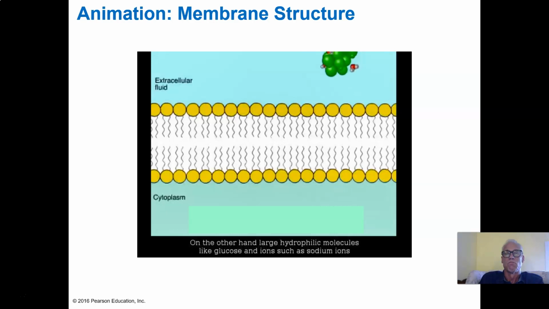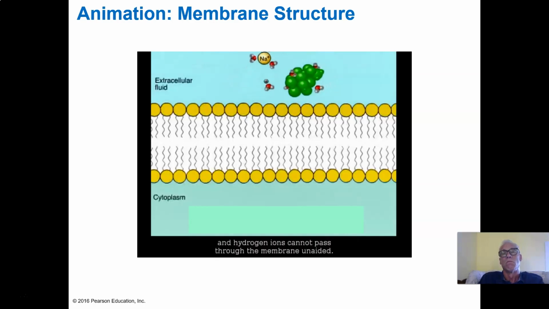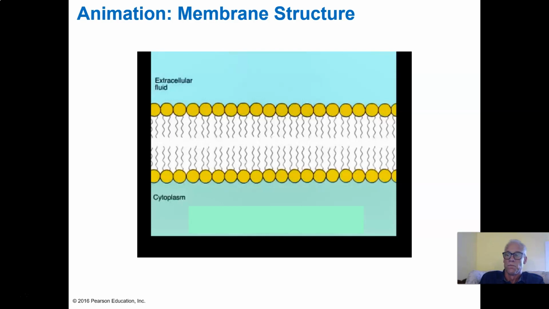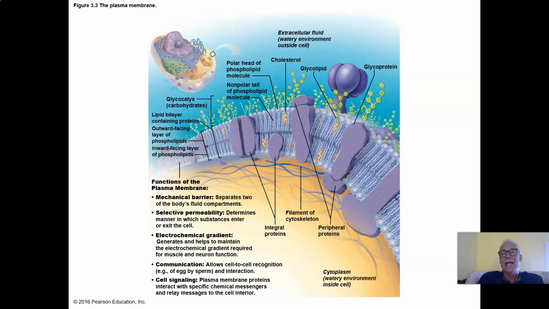On the other hand, large hydrophilic molecules like glucose and ions such as sodium ions and hydrogen ions cannot pass through the membrane unaided.